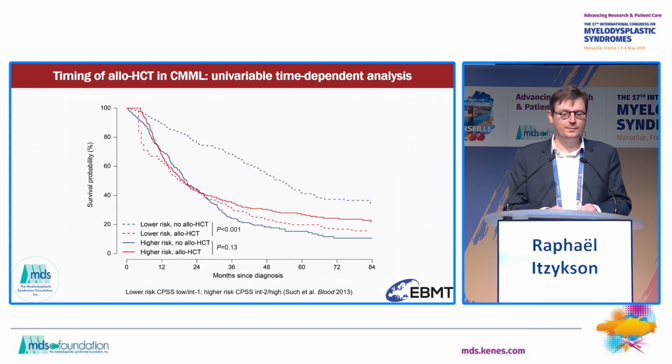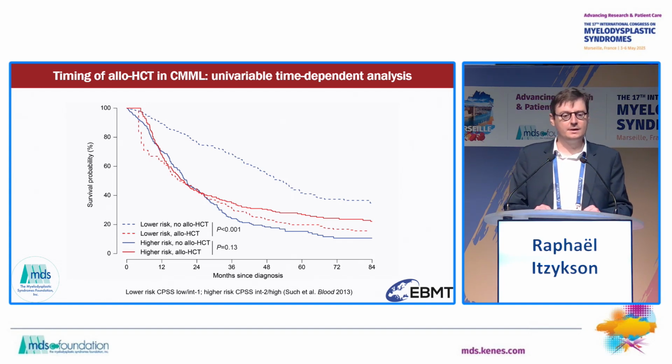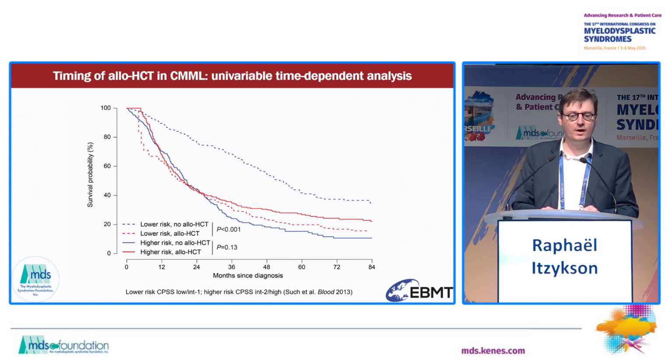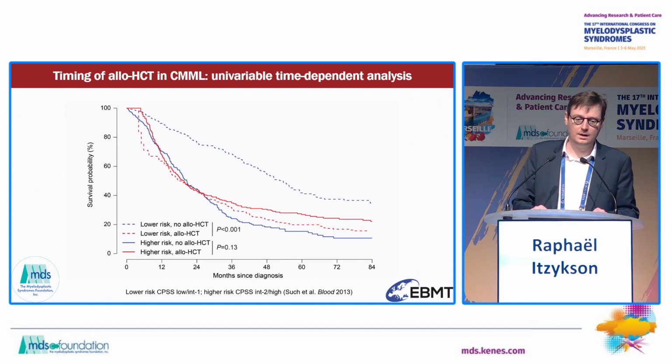We merged the 2 cohorts together, and we first performed univariable time-dependent analysis, grouping the patients into lower versus higher risk based on the CMML prognostic scoring system that has been designed by our Italian and Spanish colleagues, simply because it does not involve molecular parameters that were not broadly available in these 2 cohorts.